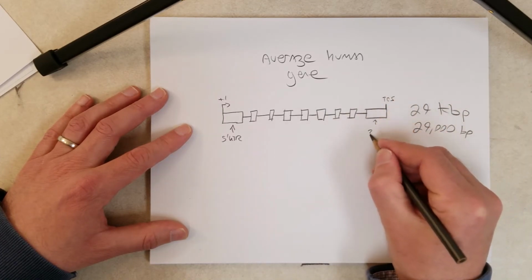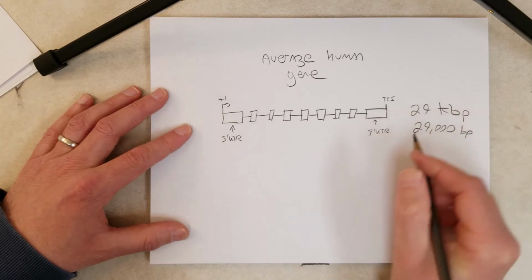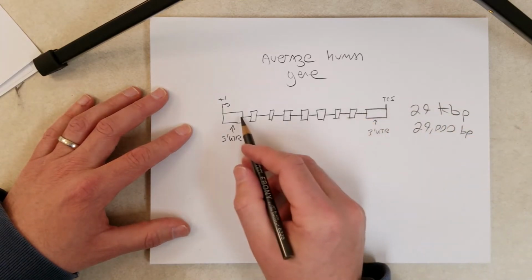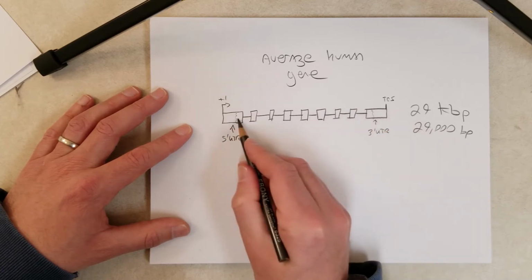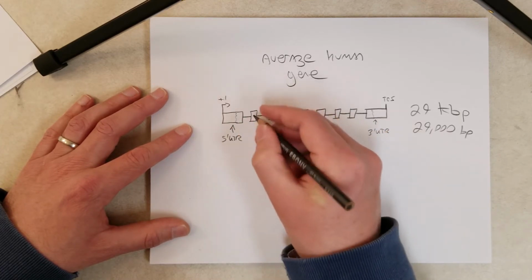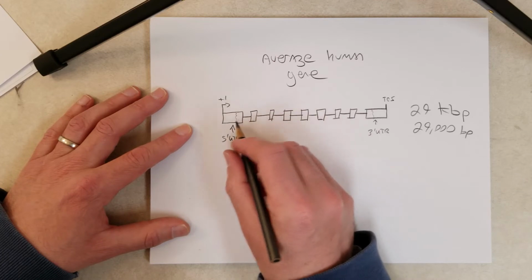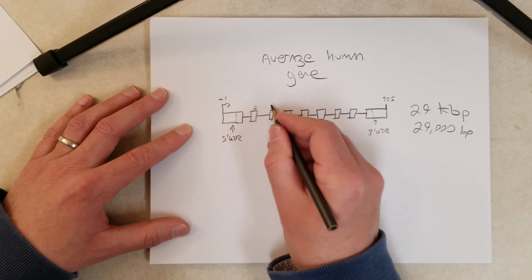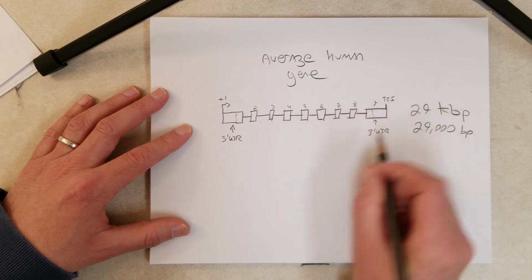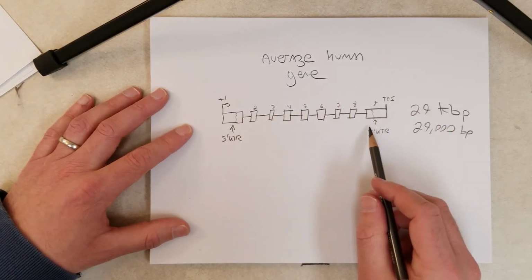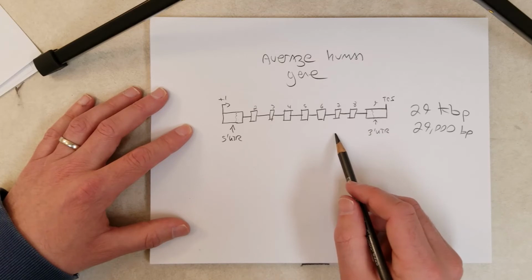This is the 3' UTR. And probably some coding sequences in here, right? Probably some coding sequences at the end of this one and the beginning of this one. These are exons. So we have exon 1, exon 2, 3, 4, 5, 6, 7, 8, and 9. Okay, so 9 exons on average for the average human gene.